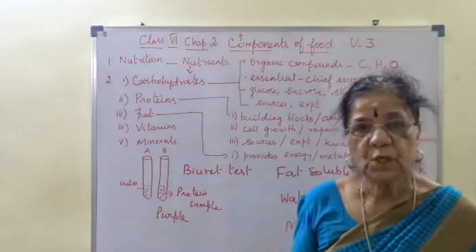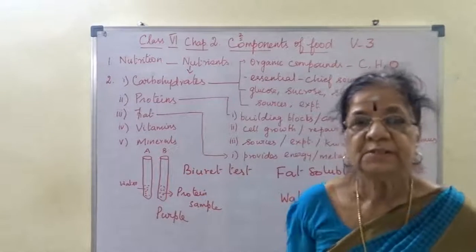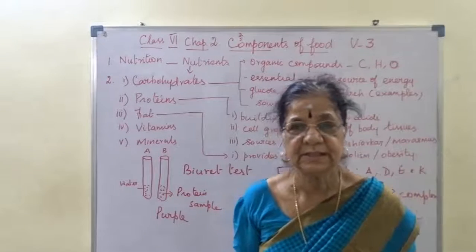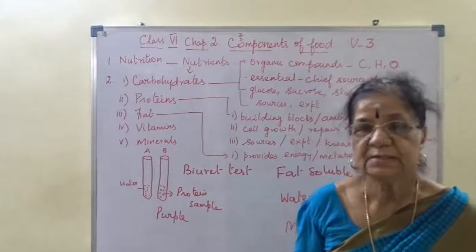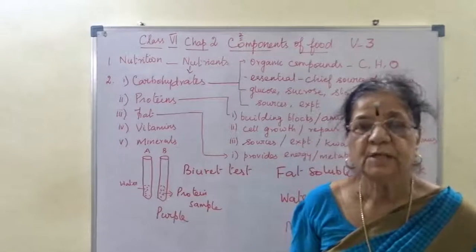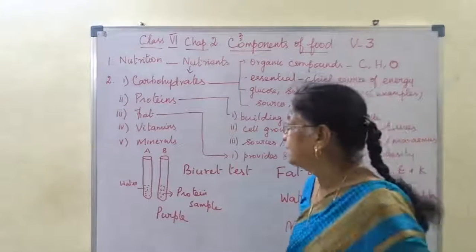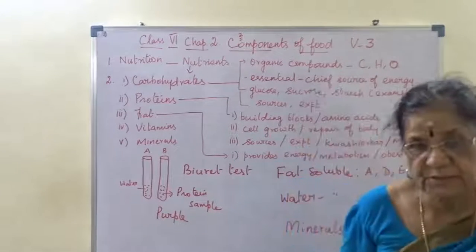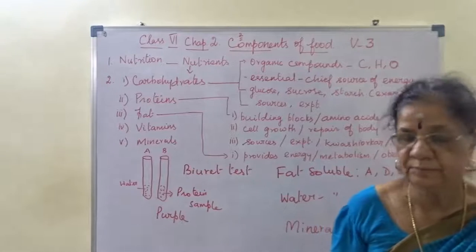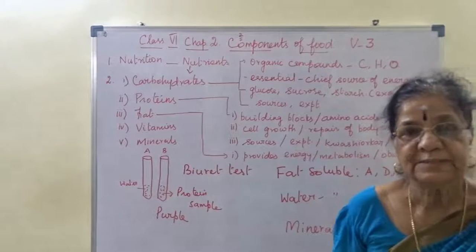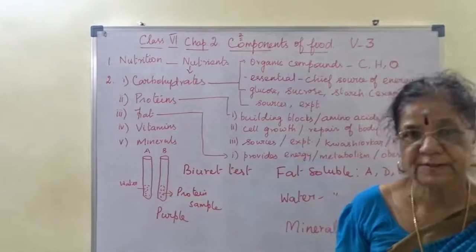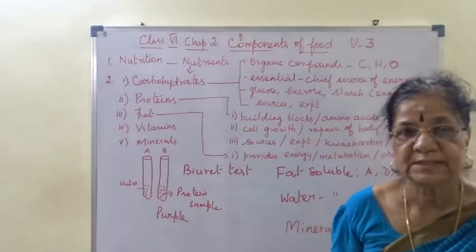So to get all of these, a person should take a balanced diet. A balanced diet means the required proportionate quantity of carbohydrates, fats, proteins, vitamins and minerals. I hope you understand.